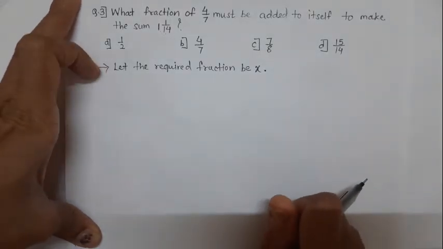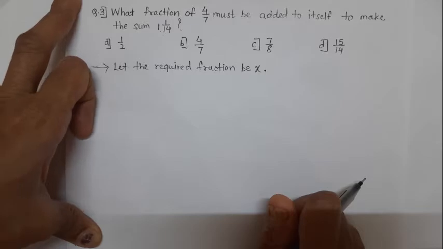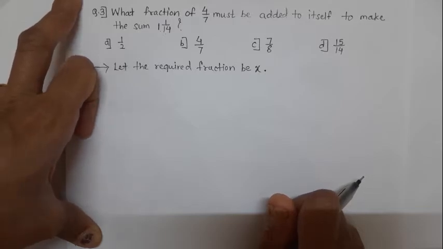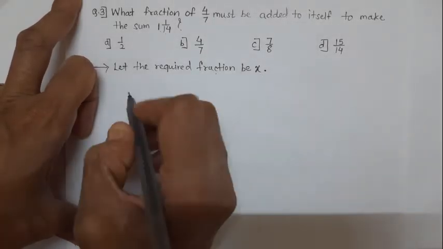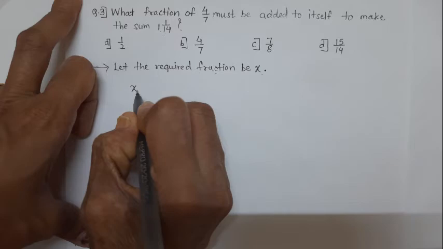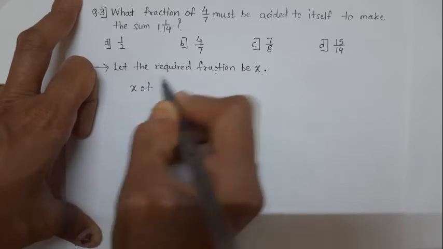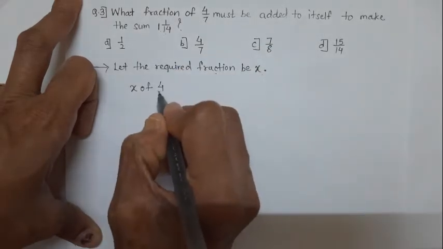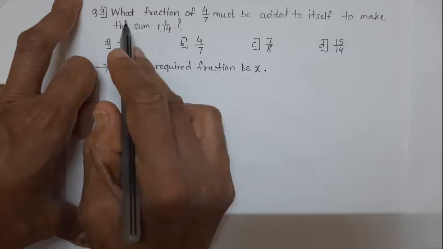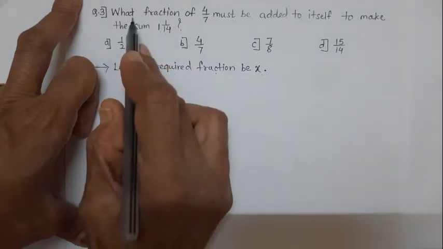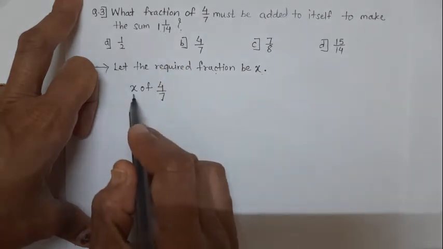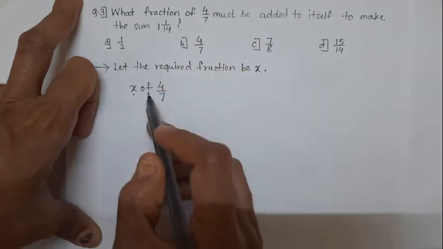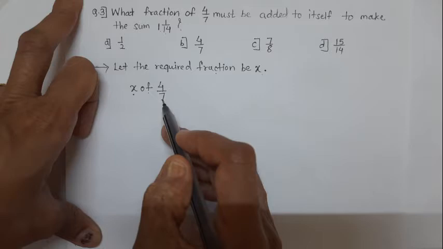Now what is asked: what fraction of 4 upon 7? That number we consider x. So in the place of fraction we put x, of as it is, 4 upon 7 as it is.